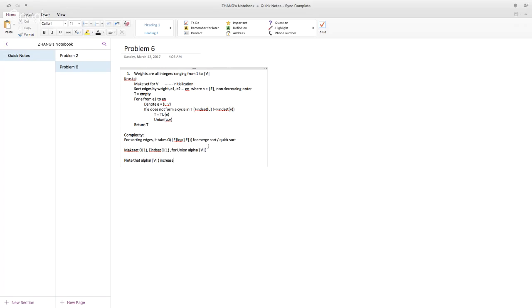It's mentioned in the lecture that alpha V increases very slowly. For most reasonable cases, alpha V is smaller than 4. So we can treat alpha V as constant time.